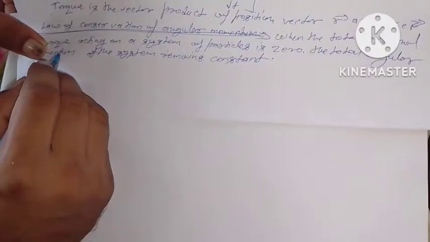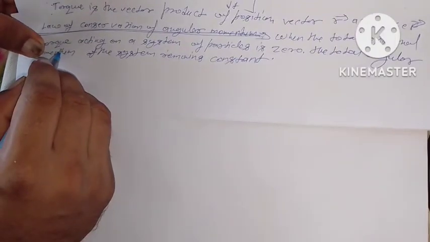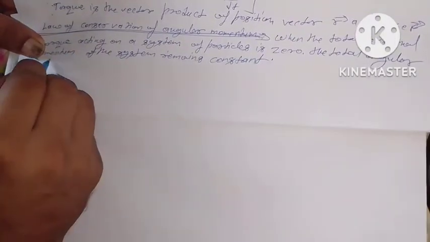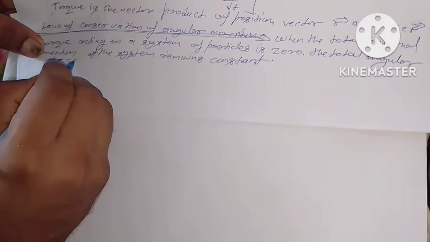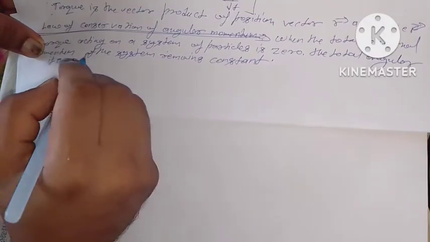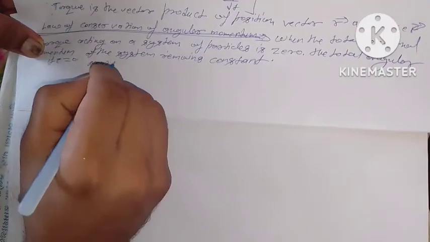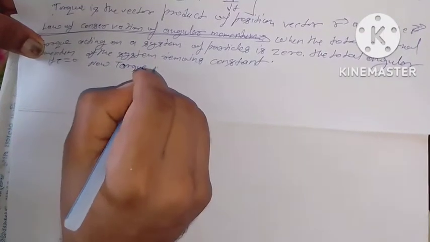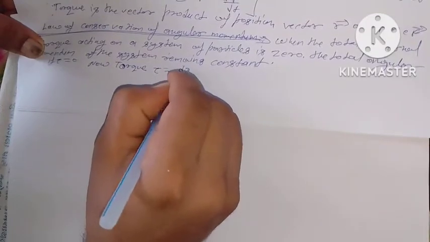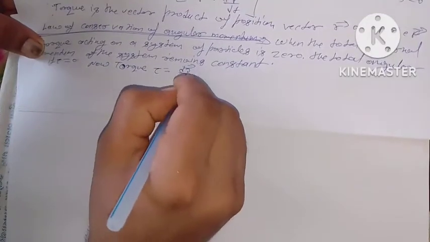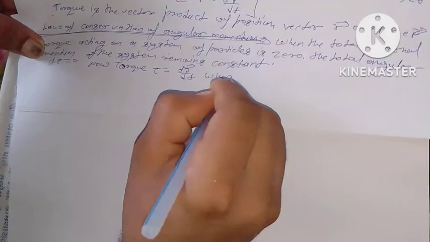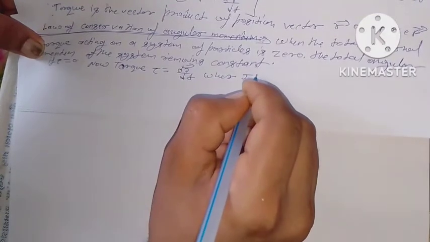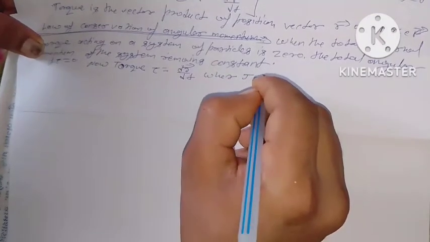If there is no external torque acting on a system of particles, then tau equal to 0. Now torque tau equal to d vector J upon dt, where vector J is the total angular momentum of the system.